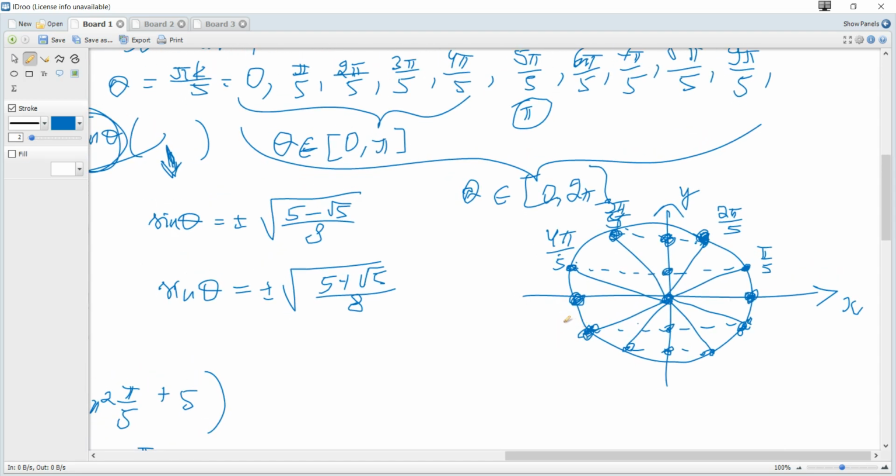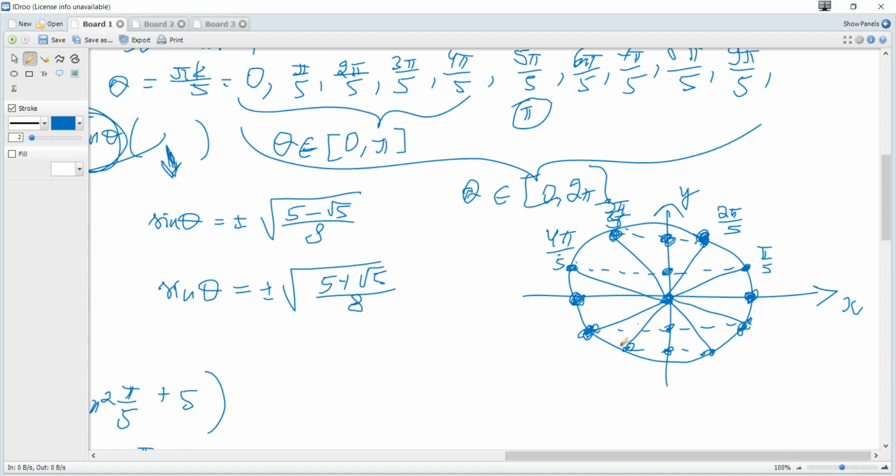This angle is 6 pi over 5. It will be negative, but by absolute value it should be smaller, so it will be minus and minus.